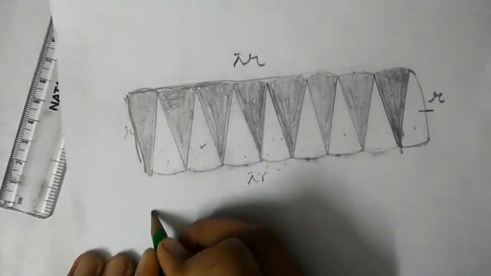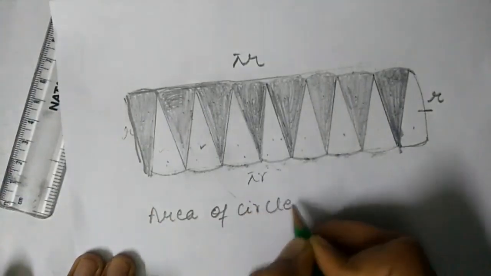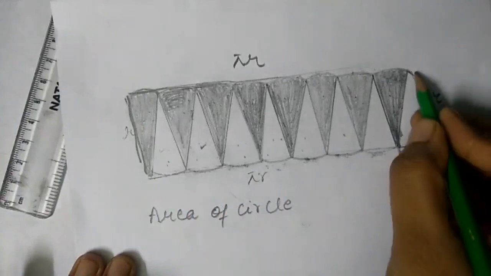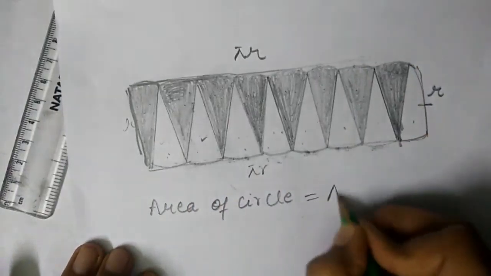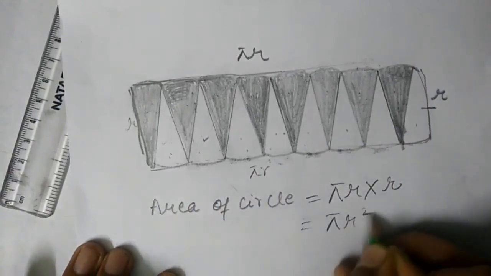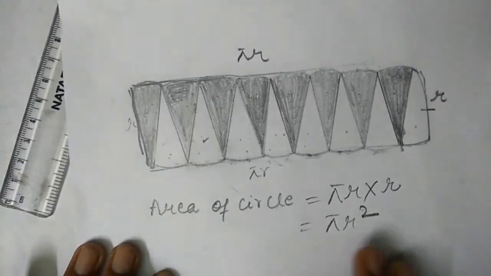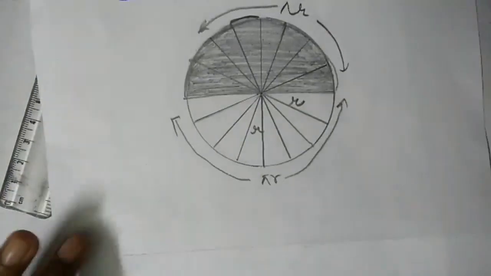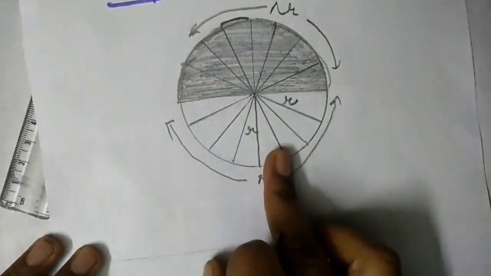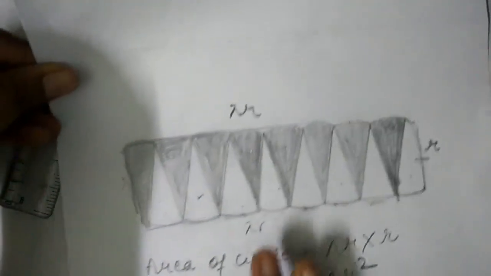So how will you get the area of the circle? That is this length into this breadth, that is pi r into r. So this is pi r square. This is how you get the area of a circle. You just have to make 16 equal pieces of this circle and paste them in this way.